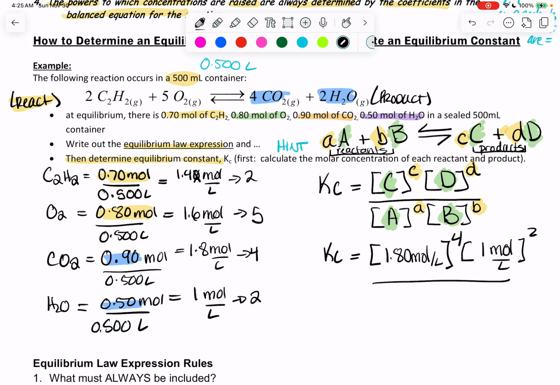All divided by 1.4 moles per liter to the power of 2 and 1.6 moles per liter to the power of 5.